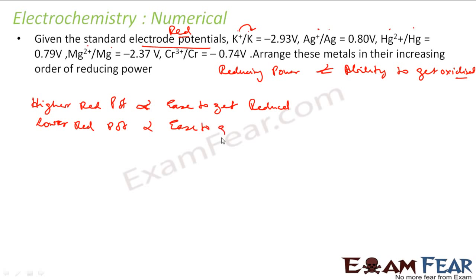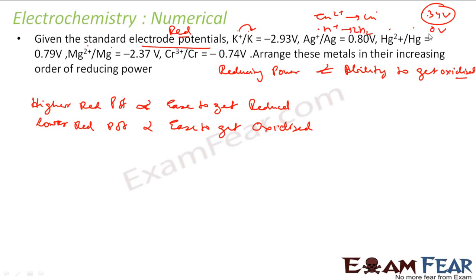Ease to get oxidized. See, higher reduction potential means it has positive value, that means this reaction is feasible. For example, Cu2+ to Cu, the value is 0.34 volt, right? That means this reaction is pretty easy, feasible as compared to H+ to H.